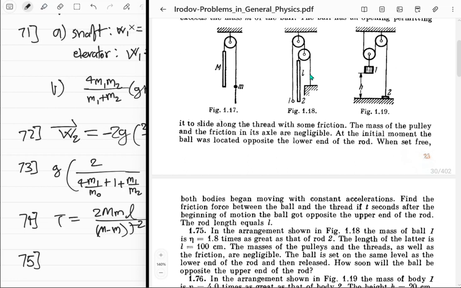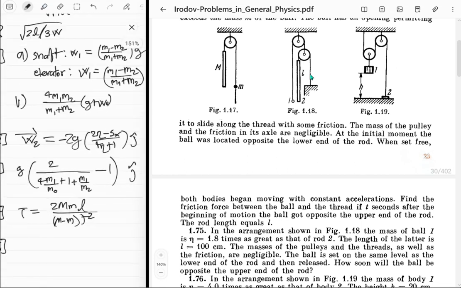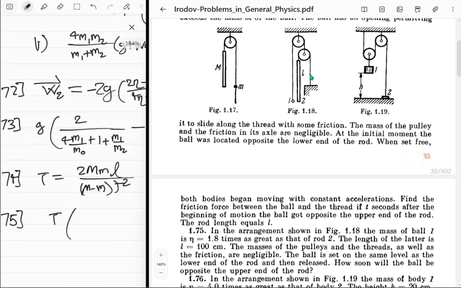Fine. So just using the E dot x method, we can say that tension into the summation of Ni squared upon Mi, right? So let's do it. So we'll say tension in that is T. So this thing will be T, and this will have 2T over there. Now both of them have retarding gravitational acceleration, right? Exactly.